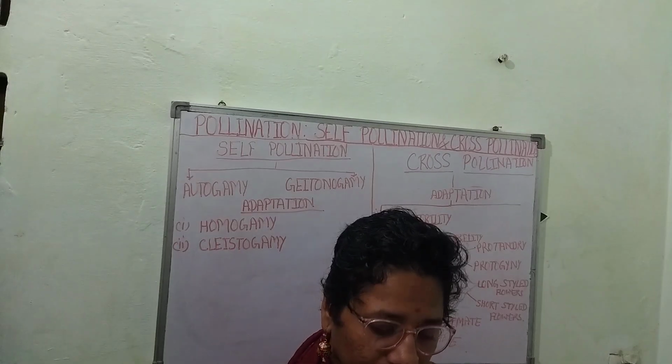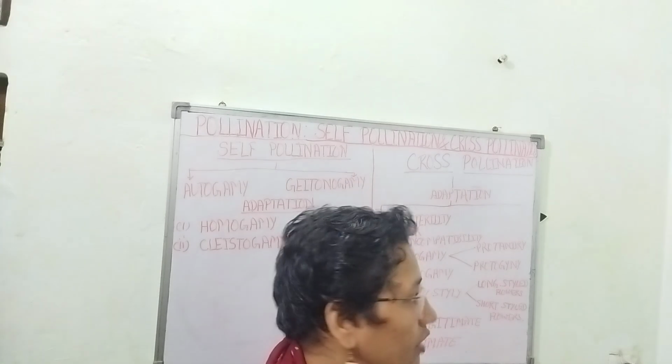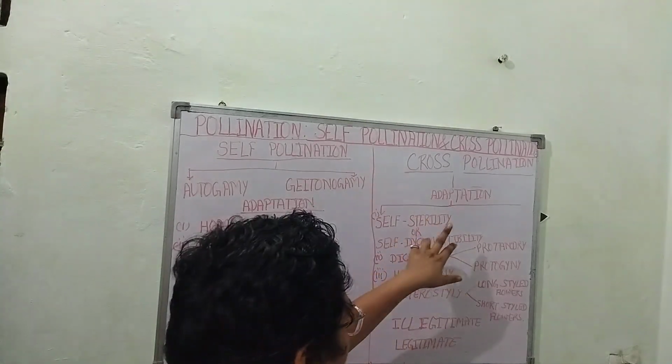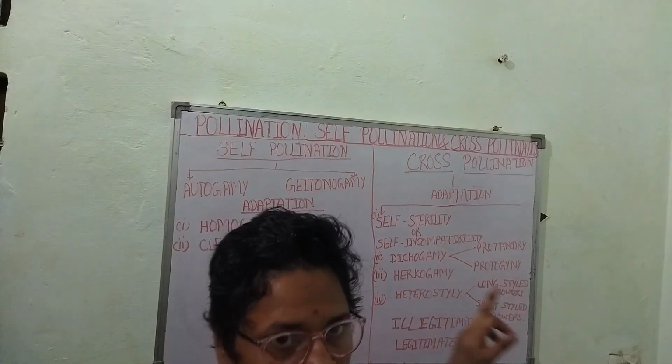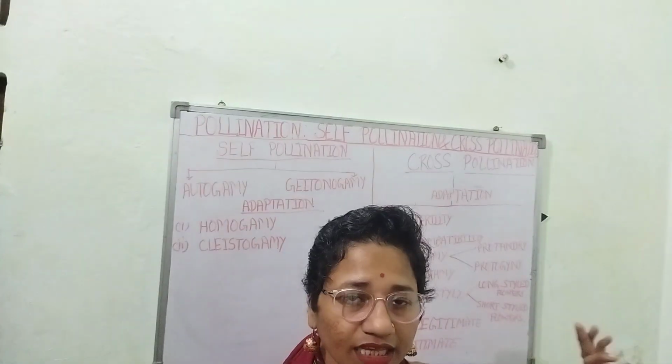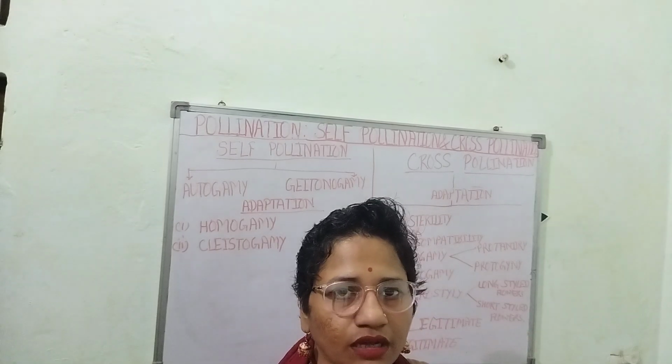So the advantage here is genetic recombination. Here, under contrivances and adaptations, हम बात करेंगे self sterility और self incompatibility की. Self sterility का मतलब है कि when the stigma becomes receptive, the anther does not shed its pollen grains.